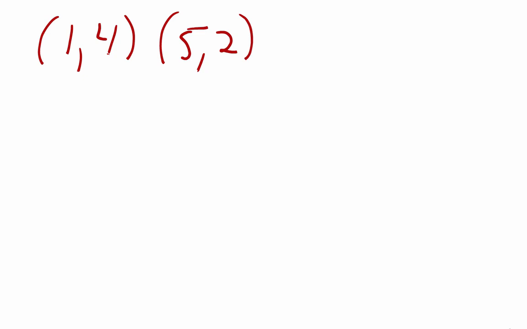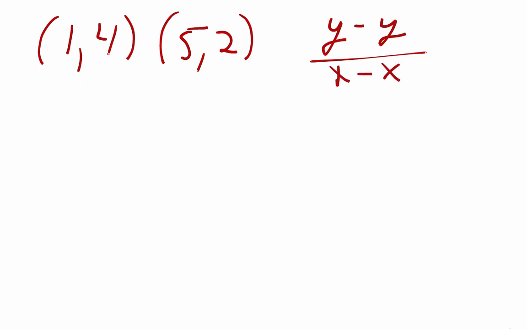Alright, next let's say we just have 2 points. Let's say we have (1, 4) and (5, 2). We don't have any equation for this. They're just giving us 2 points, and they want us to find the slope. Since slope is rise over run, that means we subtract our y-coordinates over our x-coordinates.